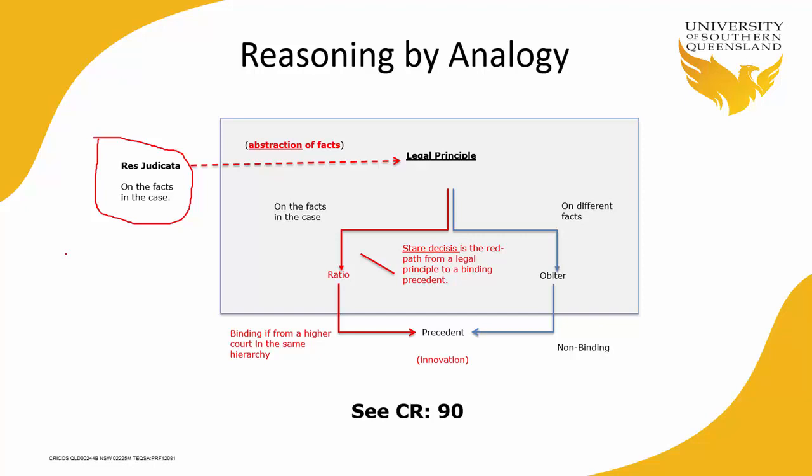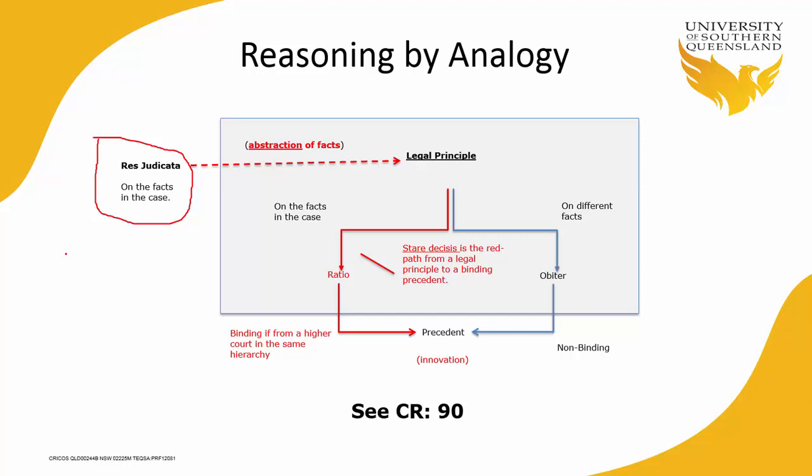So, for example, let's say that there's a case where someone bought a friend a ginger beer, and it turns out there was a decomposing snail inside this ginger beer, but because of the bottle it was in, which was opaque, you couldn't really see what was inside, and the person that consumed the ginger beer ended up having some physical injury or harm, and because of that they went to court asking for compensation.